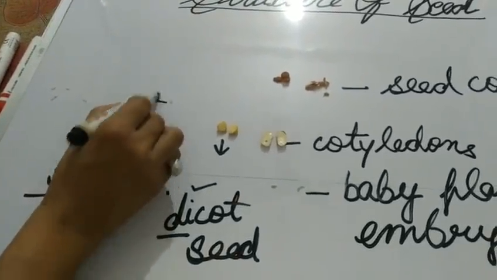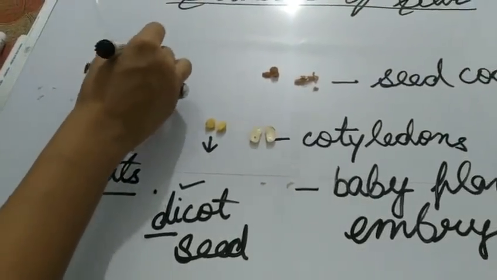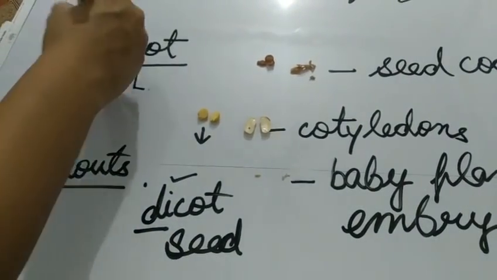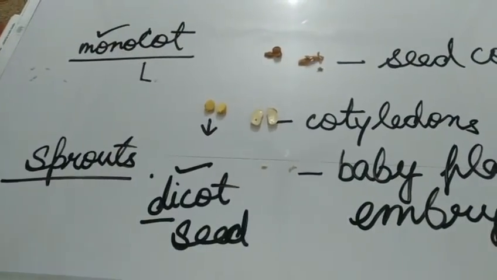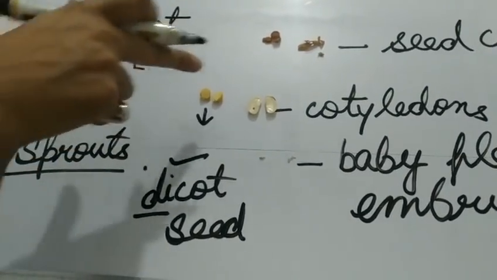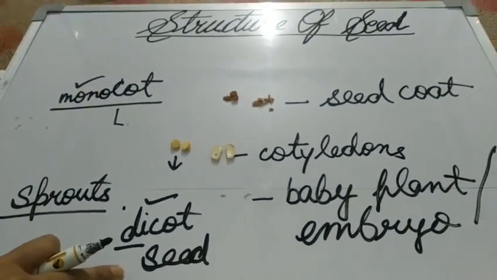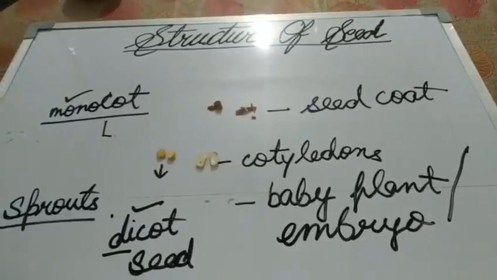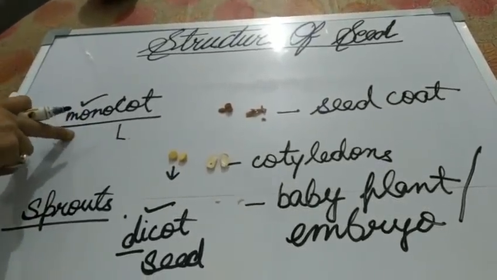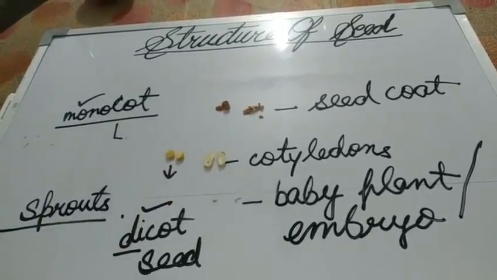So it has only one cotyledon, and hence it is called a monocot. Clear, students? So the two types of seeds are monocot seeds and dicot seeds. The seed which has two cotyledons is called a dicot seed, and a seed whose cotyledons cannot be separated, just like rice, is called a monocot seed. Is it clear? So this is the structure of a seed.